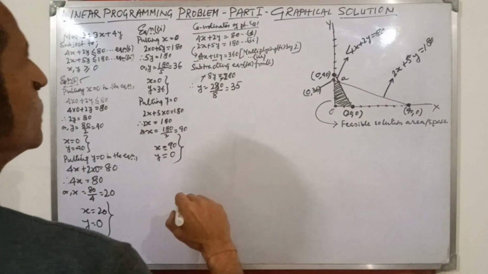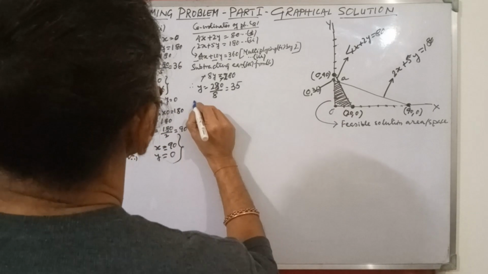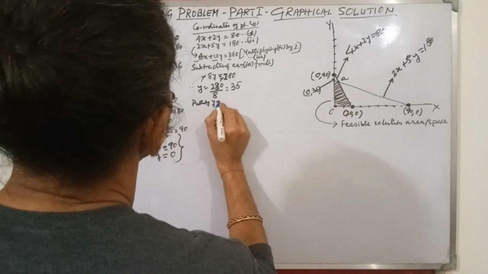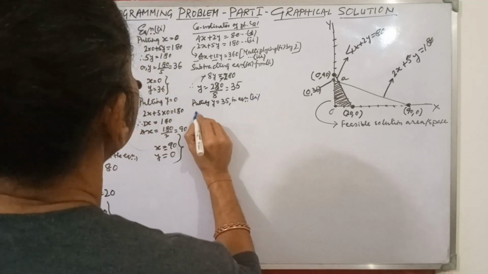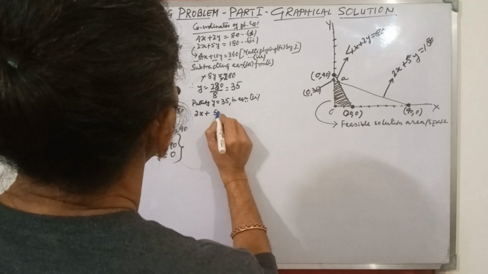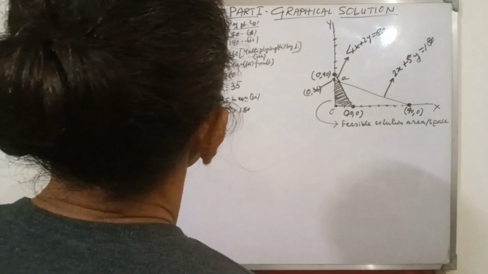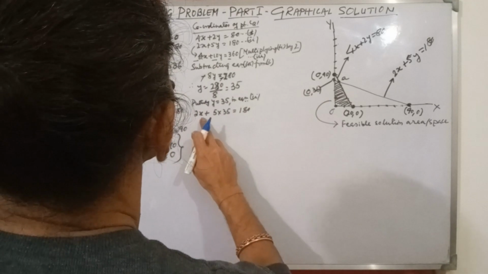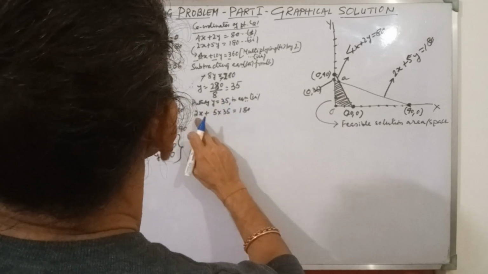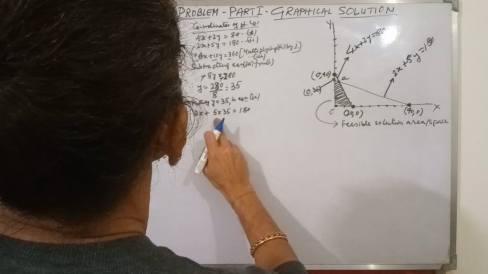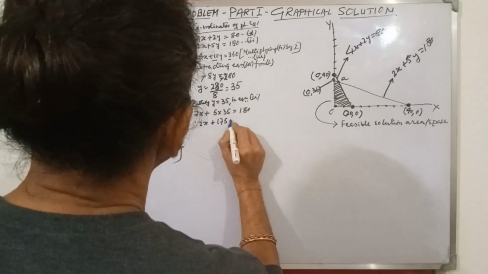Now I put the value of y in equation 2. Putting y is 35 in equation 2, what do we get? 2x plus 5 into 35 equals to 180. Therefore, 2x plus 175 equals to 180.